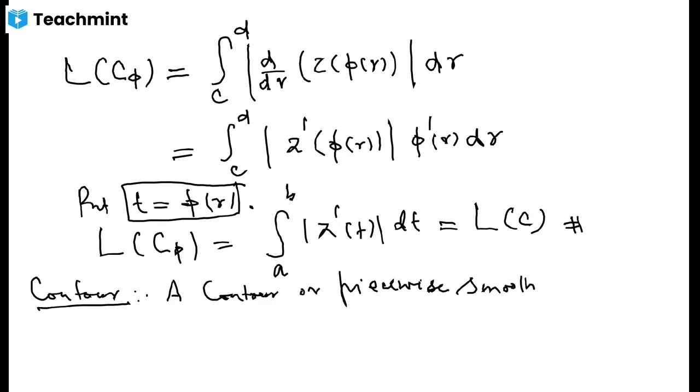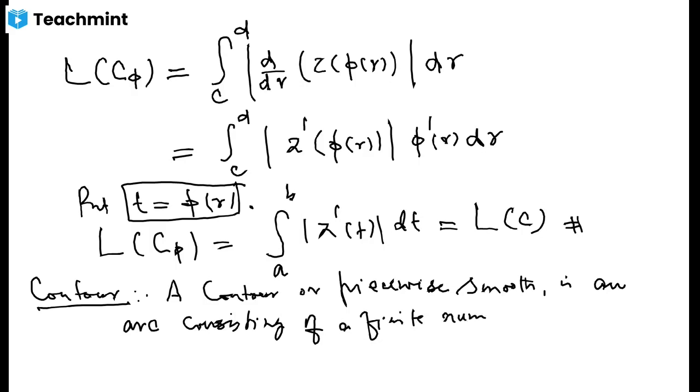Contour का दूसरा नाम, we will call it piecewise smooth arc, is nothing but an arc consisting of a finite number of smooth arcs, and those smooth arcs have to be joined end to end. They have to be joined end to end.